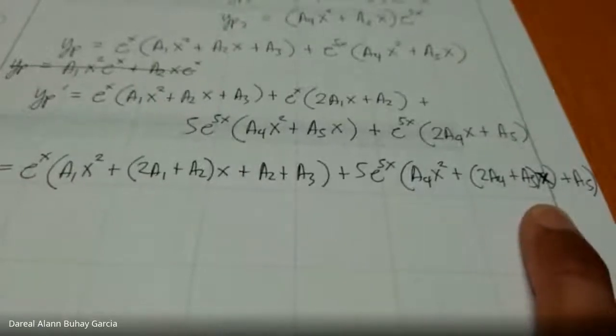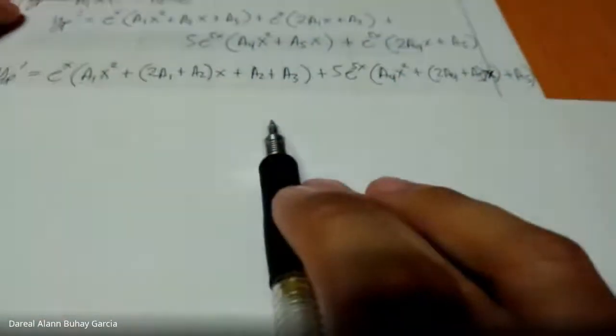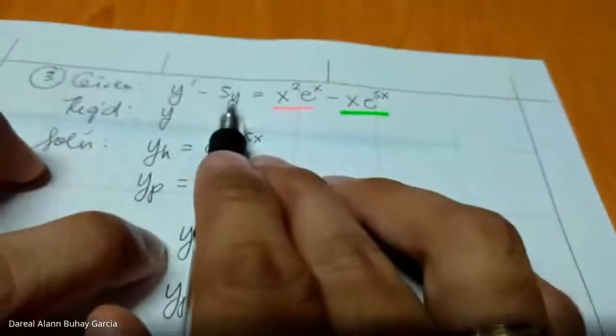If the paper is long, it won't fit. Okay, simplify. yp. Our original given equation is y prime minus 5y.